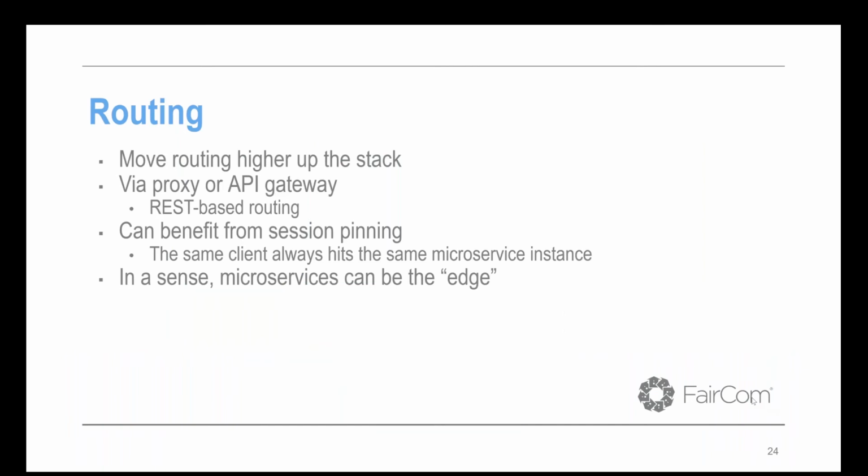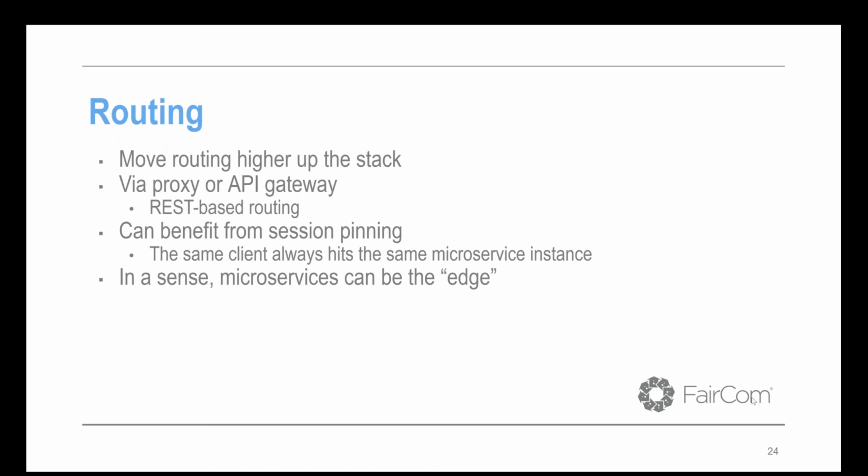From a routing point of view, I found this to be really interesting as well, because in my past lives, database routing has always been fairly low level. Either you have database proxies or it's built into the database itself.